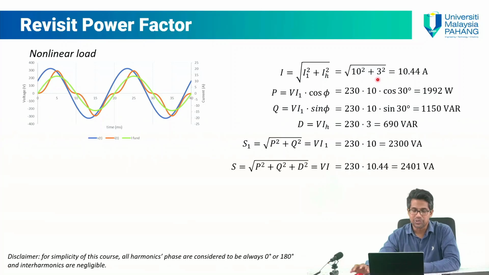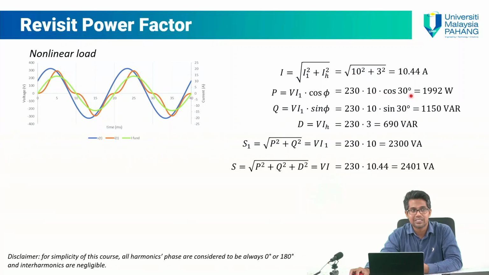Of course, you need to sum them in vector form, so it becomes 10.44 amps. P is now V I cos theta. Remember that I is the fundamental current, so only 10. Do not consider IH, not the 3, only 10.